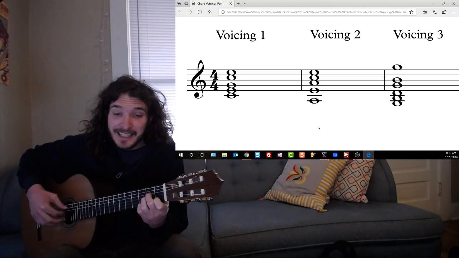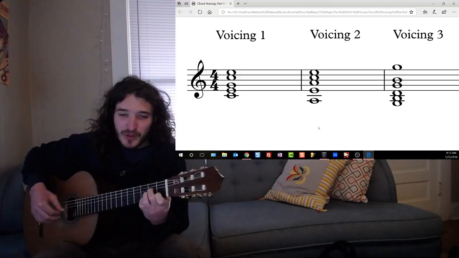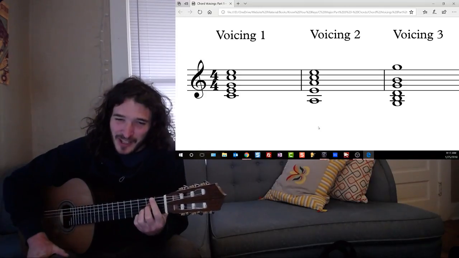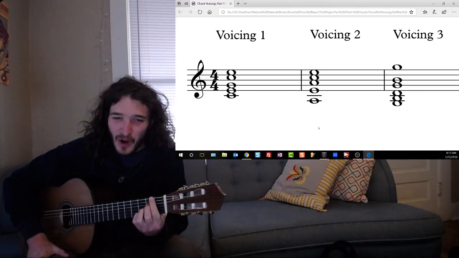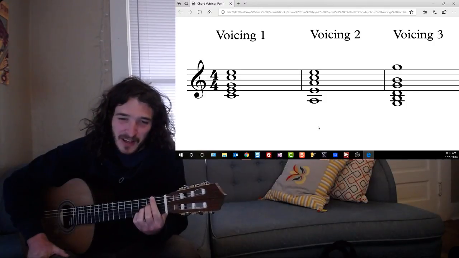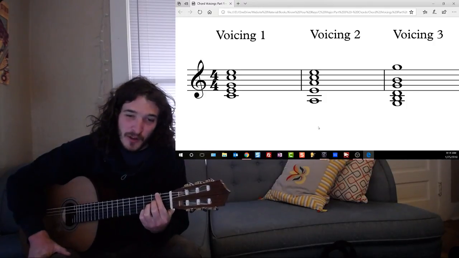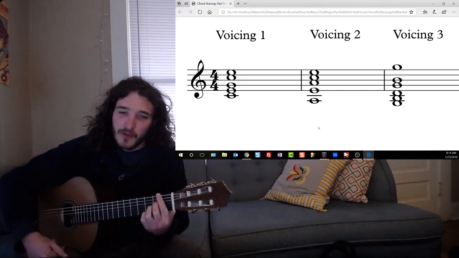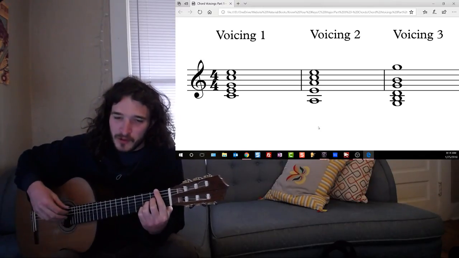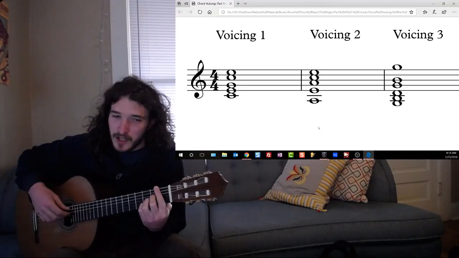So that A to E is a 5. That E to A is a 4. And then we have 3, 3. As you can tell, with these chords, there's a lot of 5s, 3s, and 4s. In fact, all of it's 5s, 3s, and 4s, except for one voicing, the only one that has anything different from a 5, 4, or 3. So knowing your 5s, 4s, and 3s is a very, very good idea, guys.